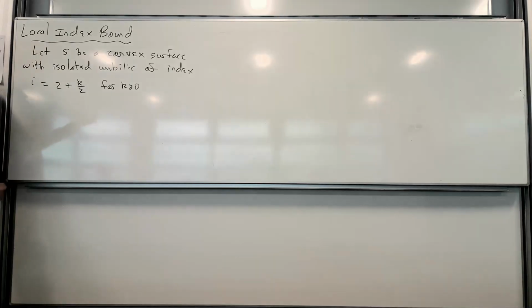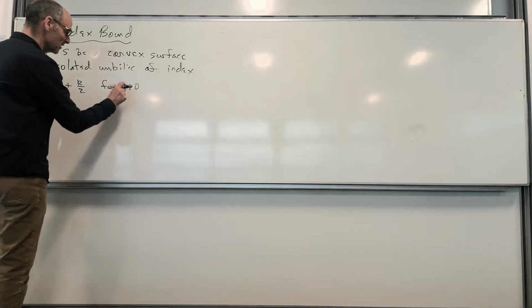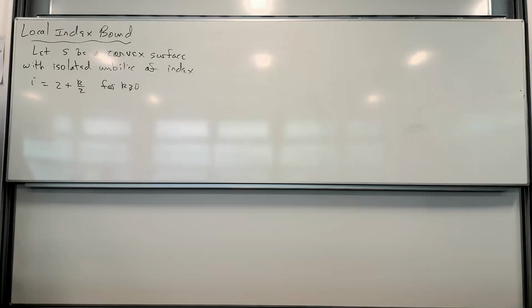K equal to 0 will be the Carathéodory, but now we're going a little further. We're going to show that you can't get it, even on an open set.